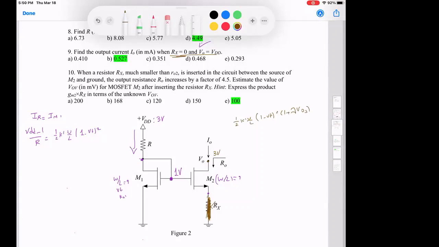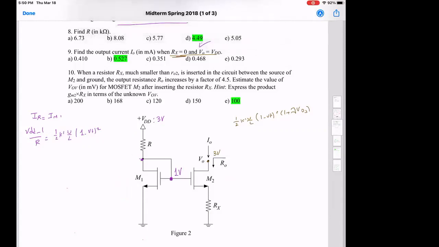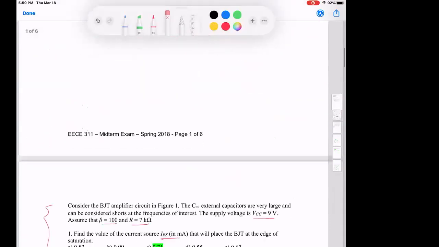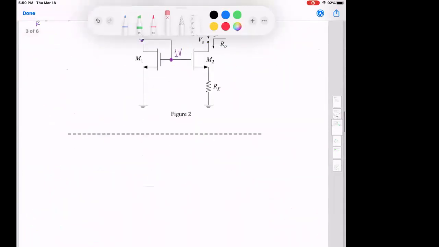Then in the last question, he's asking us now to consider Rx again. So we're considering Rx now, and with Rx, he's saying that Rx is much smaller than RO2.